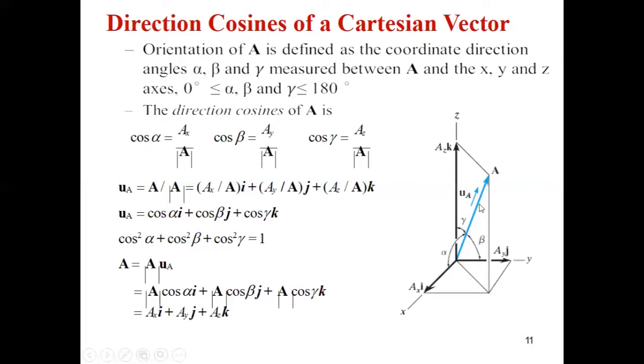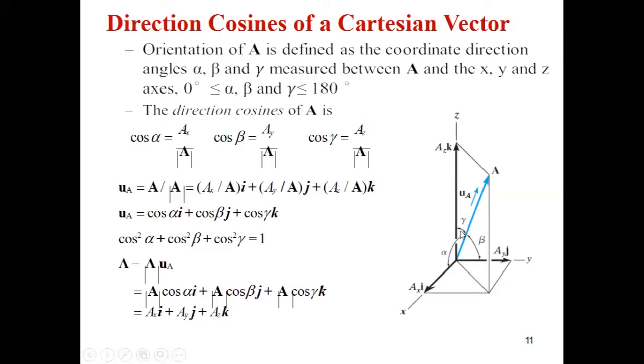Usually, these angles alpha, beta, gamma will be more than, because from this triangular figure, cos beta is ay divided by modulus A, and cos gamma is az divided by modulus A.